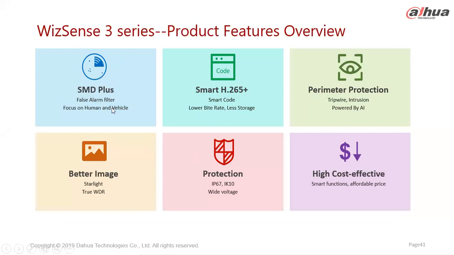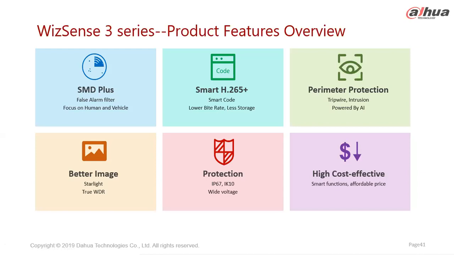All WizSense 3 cameras come with SMD Plus. SMD Plus will enable you to distinguish between humans and dogs. That's a function: if you're purchasing a camera, you know it has SMD Plus, so you meet the user requirements. If the user only wants to do surveillance, you can go with a cheaper version and you don't need the AI functions.